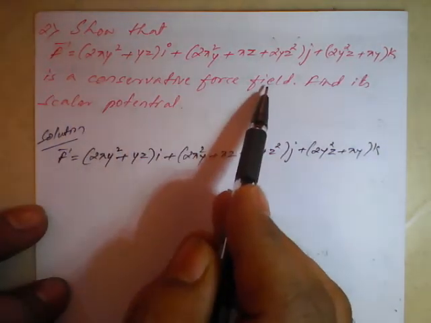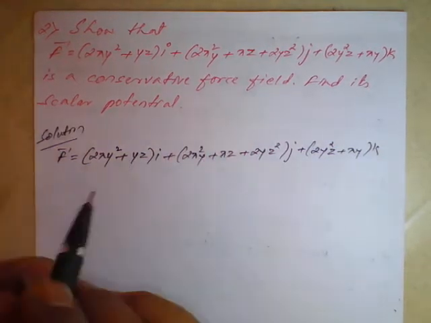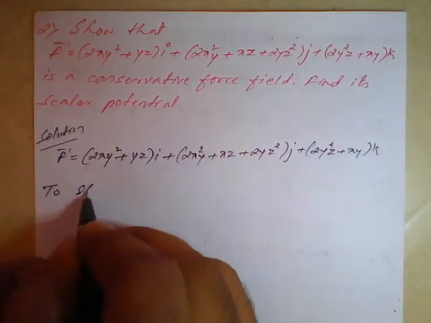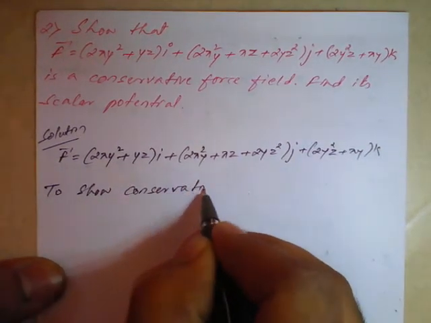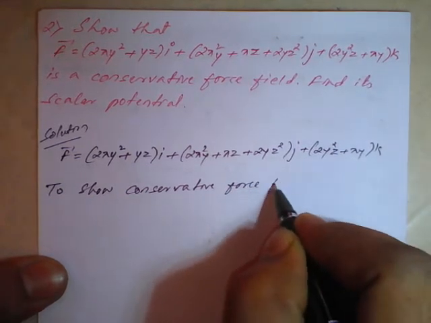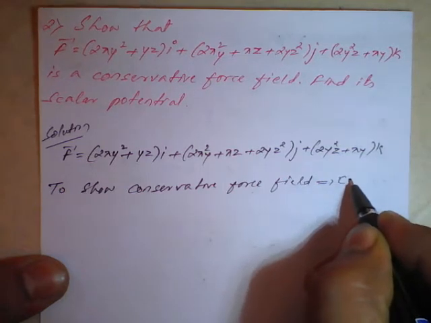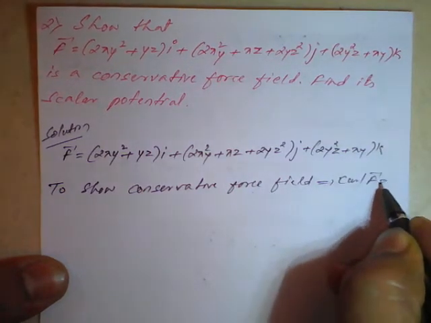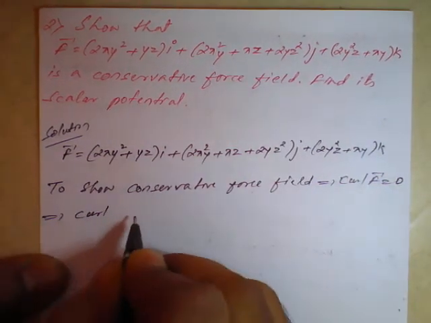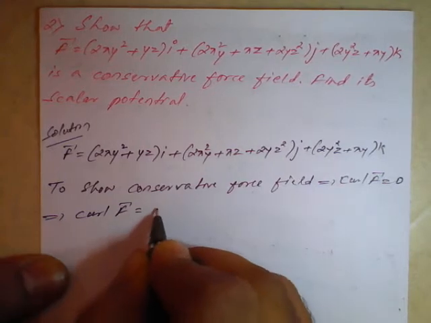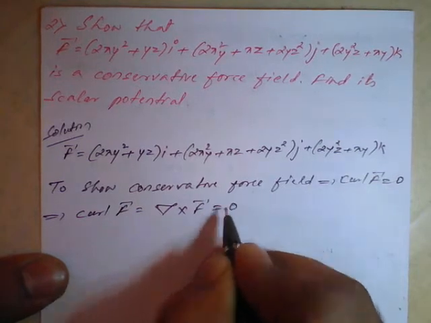To show a conservative force field, which implies curl of vector F is equal to 0, means curl of vector F is nothing but del cross vector F. We need to show 0.